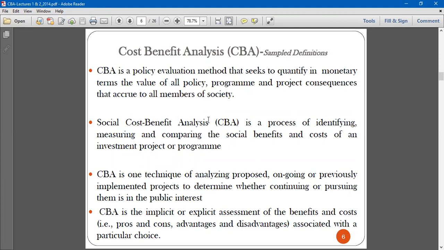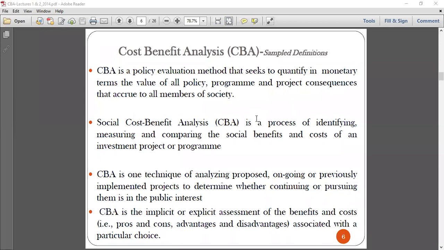Now, these are some sample definitions of CBA, what people think CBA is, but no matter the definition, it comes back to the fact that we are comparing benefits to costs. The first one says it is a policy evaluation method that seeks to quantify in monetary terms the value of all policy, program and project consequences to all members of society.